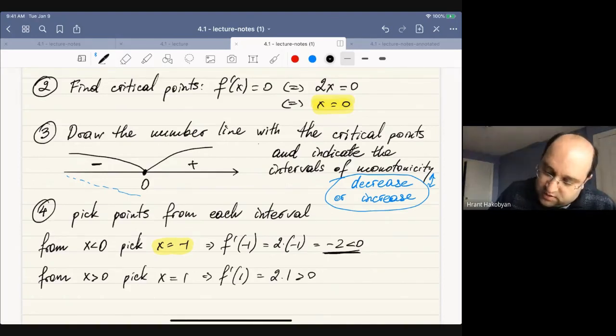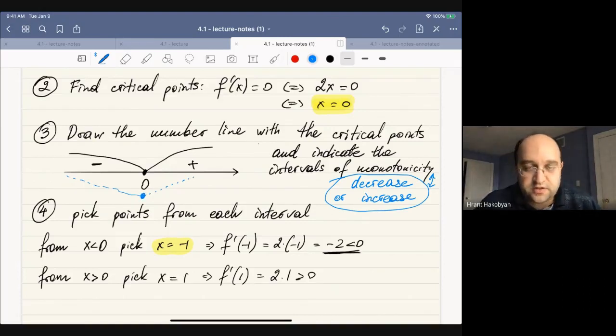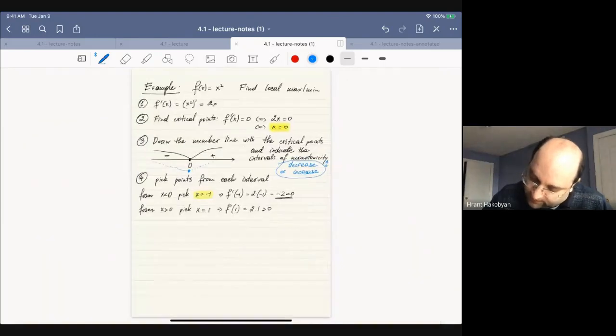That means my function is going to increase here. So at this point, the function has a local minimum, because the function is decreasing and then increasing.